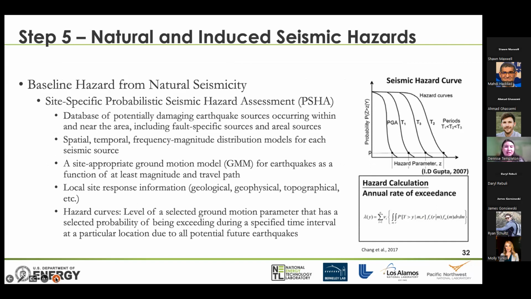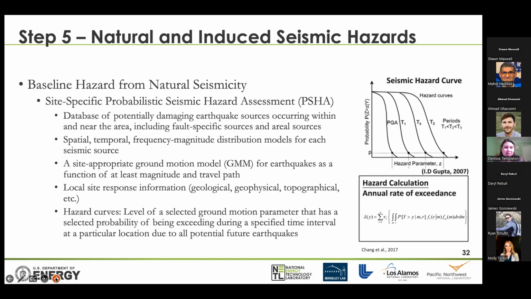For instance, for the PSHA, we'll need spatial, temporal, frequency, and magnitude distribution models for each of the site sources. We'll need a site-appropriate ground motion model for earthquakes as a function of at least the magnitude and the travel path. We'll need local site response information. And we'll generate the seismic hazard curve.